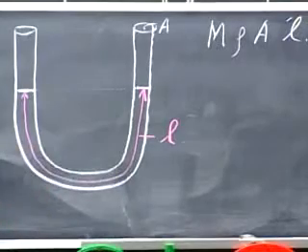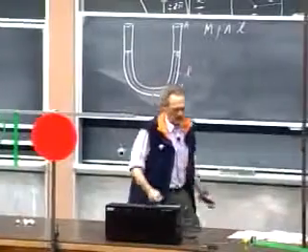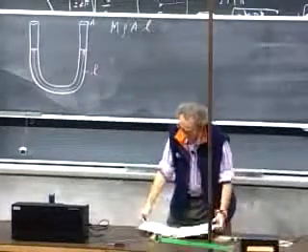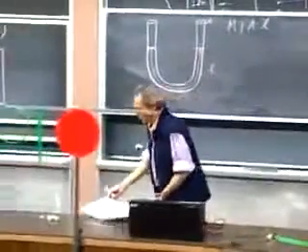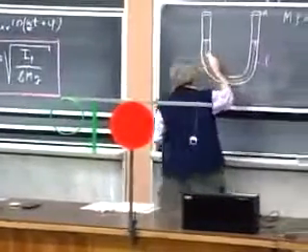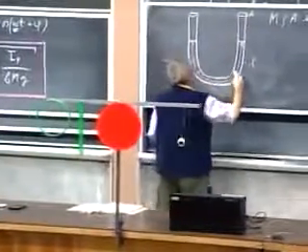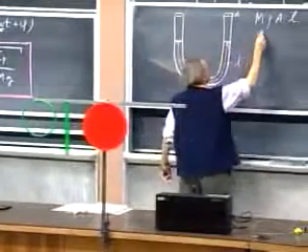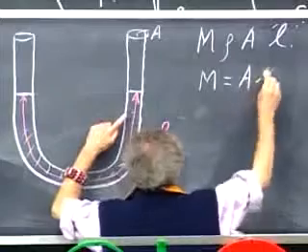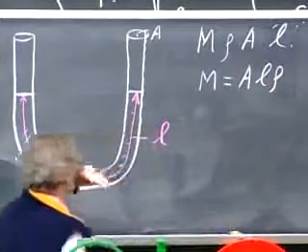I'm going to offset the liquid, and I want to see it oscillate. And I want to see whether I can calculate the period of the oscillation. The total mass of the liquid is the volume, which is the area times the length times rho.